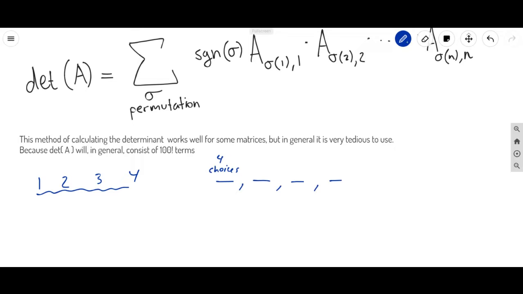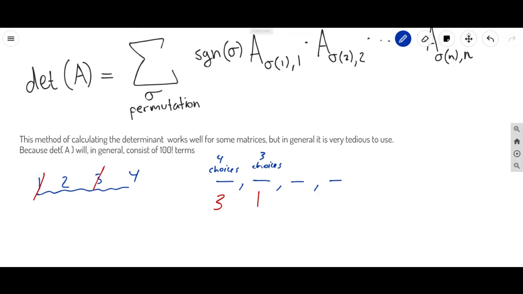But after you pick a number, let's suppose you say I decide to use the number 3, then into the second position you only now have 3 choices, because you're not going to be using the number again. You have to use something else. You're avoiding repetition. So maybe you end up using 1. You have 3 choices here. So you end up eliminating that one.